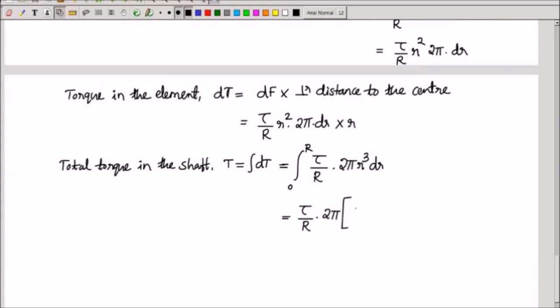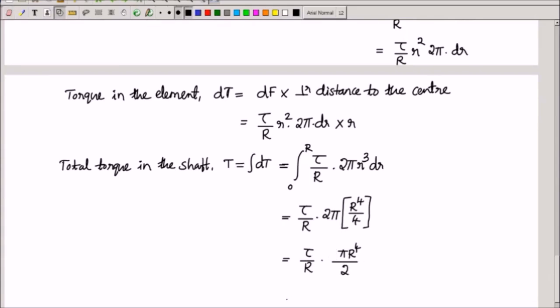When you integrate r cube, it becomes r power 4 by 4. I'm substituting the limits also. This can be written as tau by R into 2 pi R power 4 by 4, or I can cancel one of the two here. This is what it becomes.